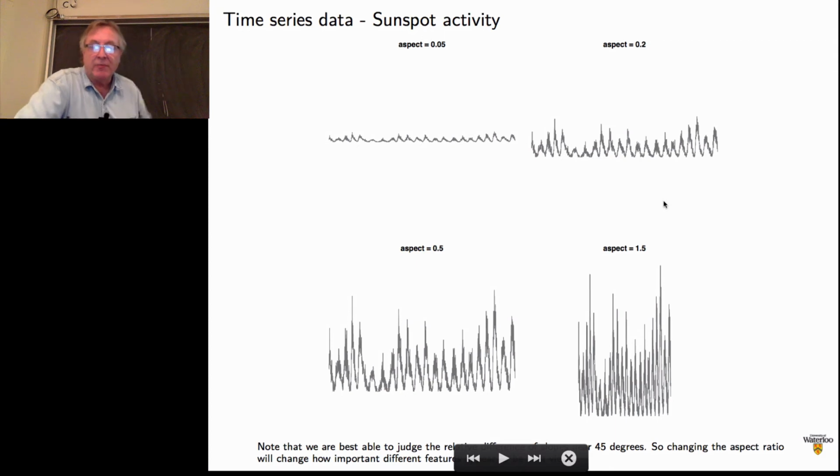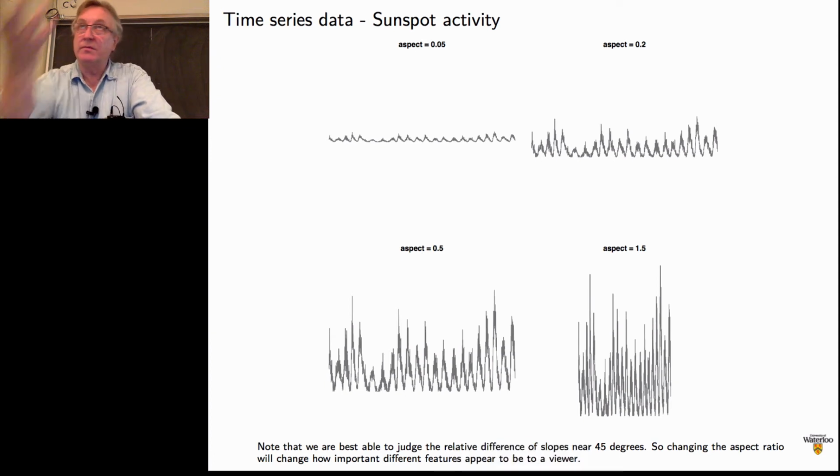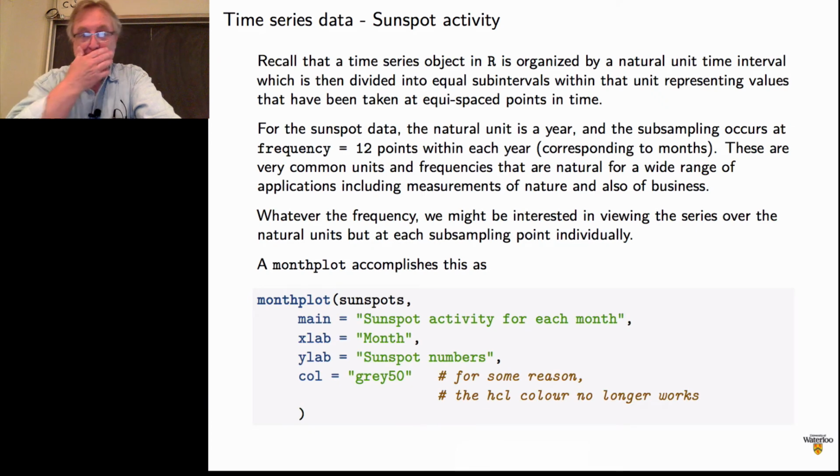It becomes even easier on the left here to see this sawtooth behavior with the stretched out aspect ratio, and easier to see this long wave changing with the more compressed time scale. So there's no excuse to not do this. Just change this and see what patterns present themselves. Okay?